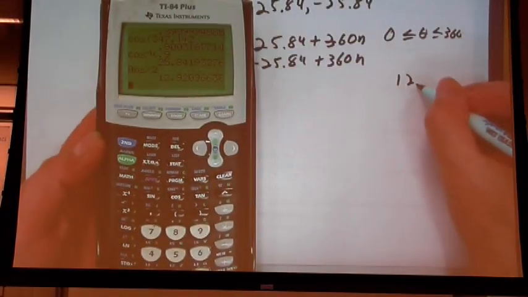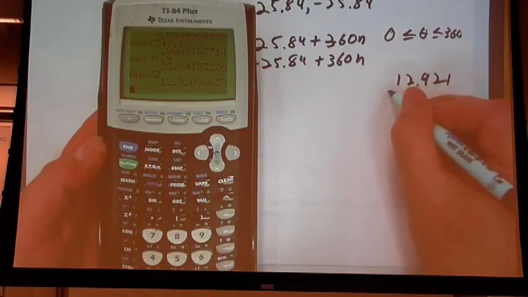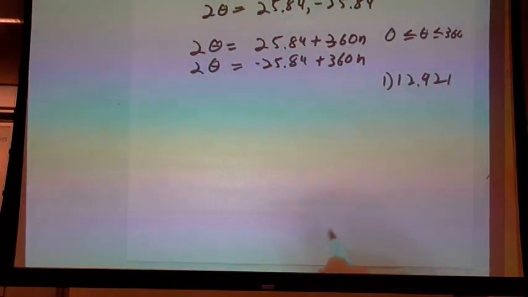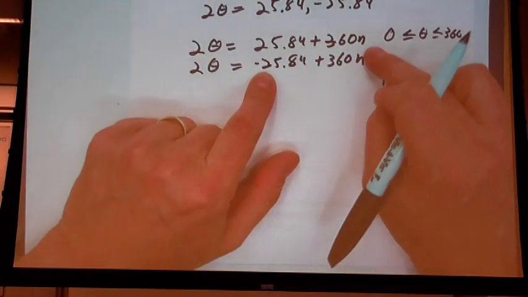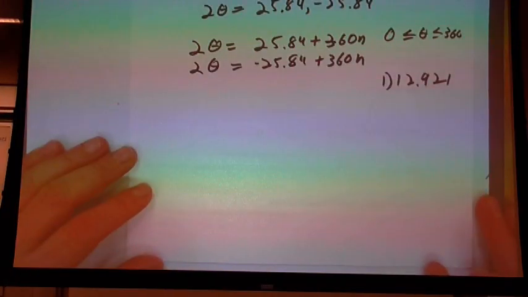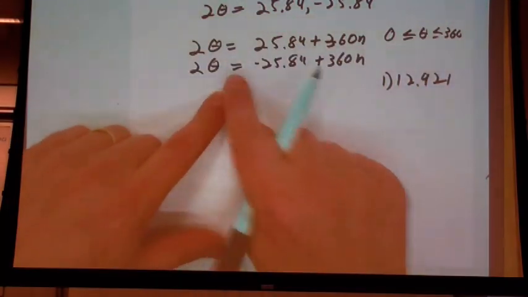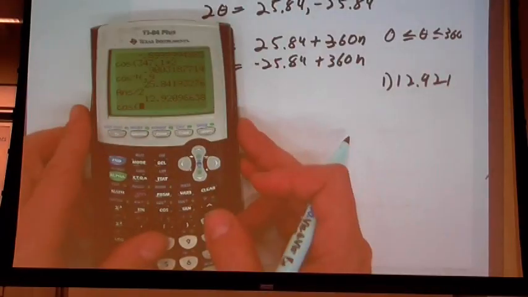I'm going to write them down here, 12.92. Okay, that's number 1. Adding a negative 1 to either of these is going to give us a negative number, so there's no point in doing that, is there? All right, but we can add 360 to each of these. So let me do that.